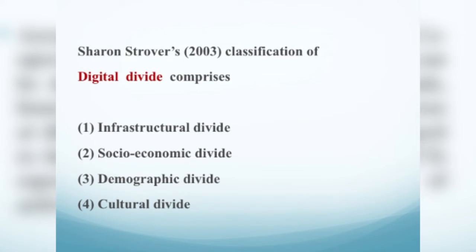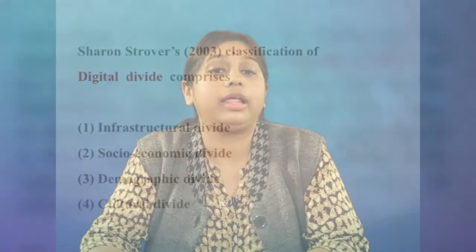We have to mention here that Strover has classified 4 categories of digital divide that comprise infrastructural, socio-economic, demographic and cultural divide. Lack of infrastructure often hinders rural households from accessing a plethora of basic services on offer, including government services.